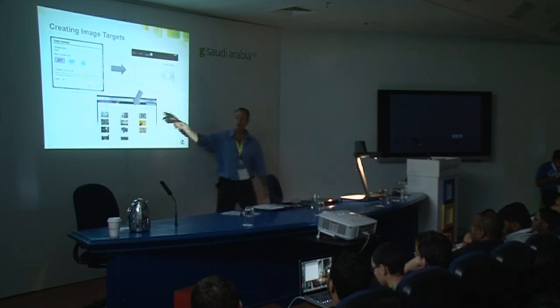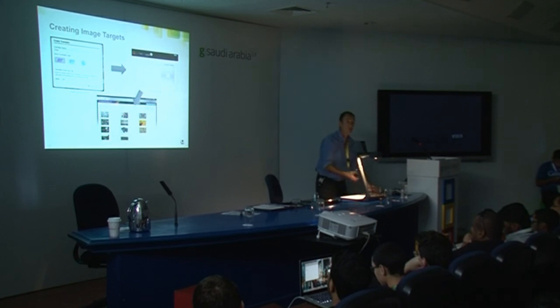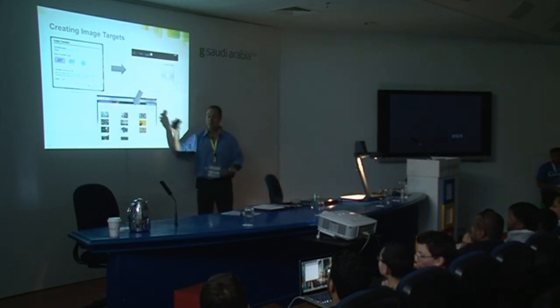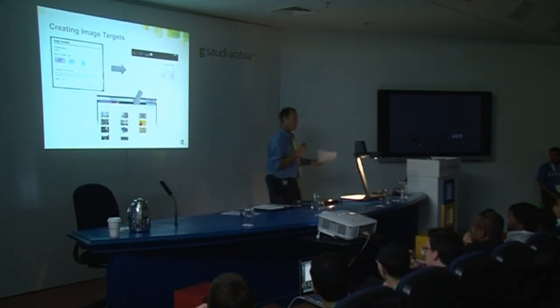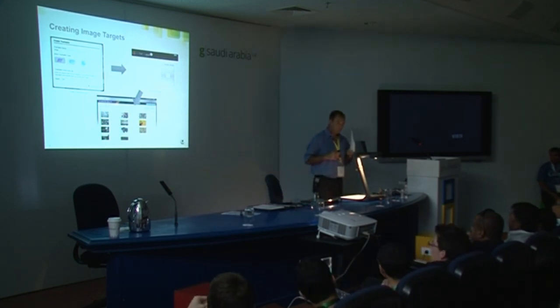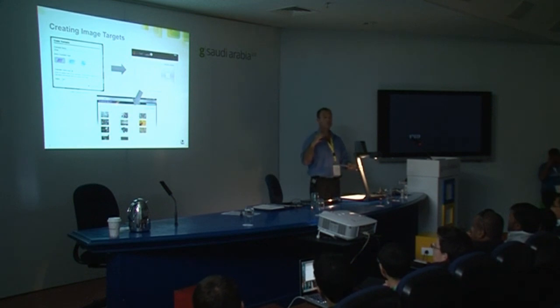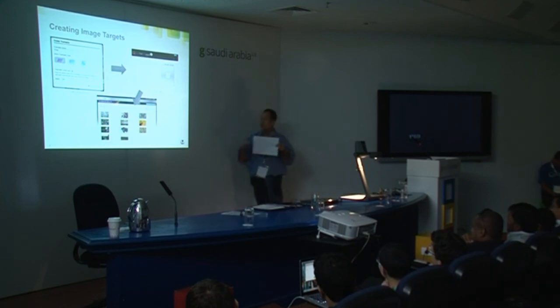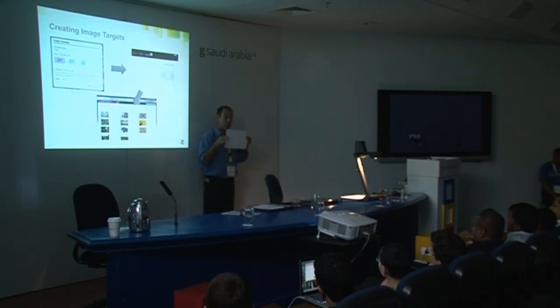It doesn't mean that if I have 0 stars, I will not recognize my object. I might still be able to recognize my object, just not under all conditions or not under the best conditions. It might also mean that I don't have enough details in my object to allow good tracking, right? Because what allows me to really track an object is the detail that I have in my image. If what I have here is a white piece of paper, I will get 0, and this will not be recognizable because there is nothing to recognize on it.